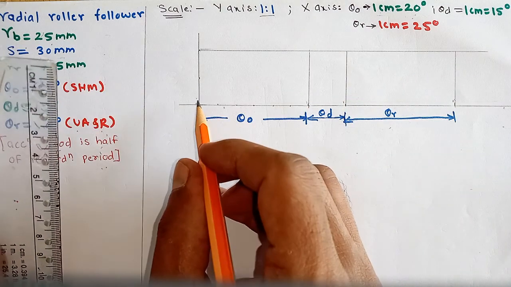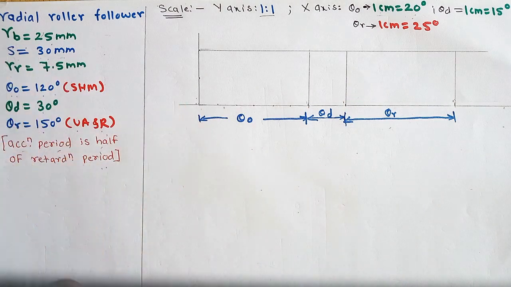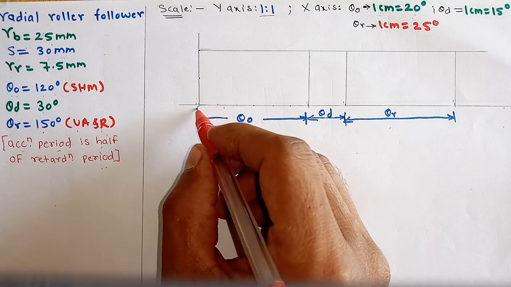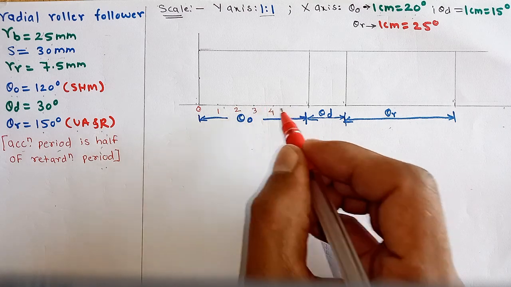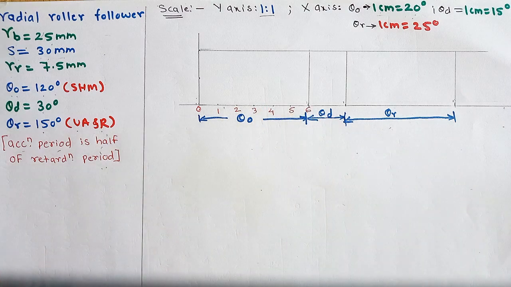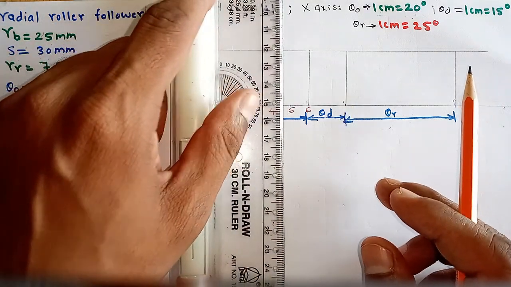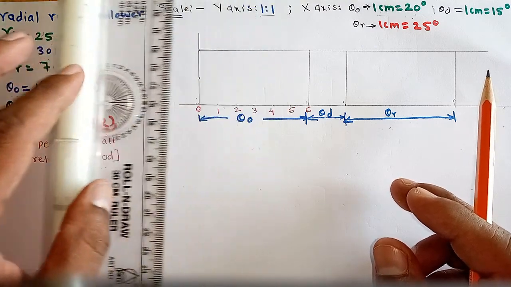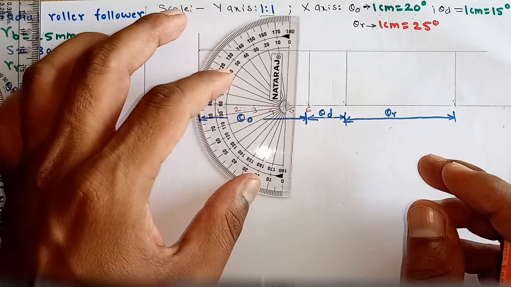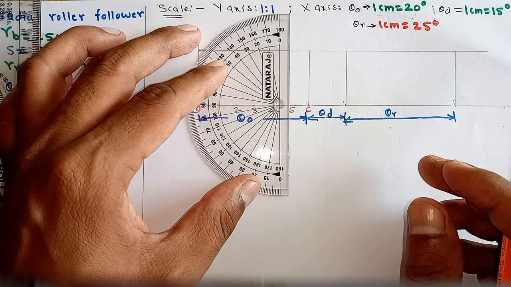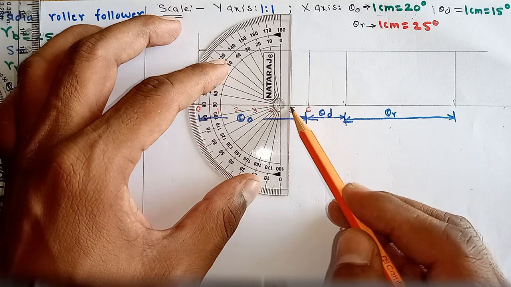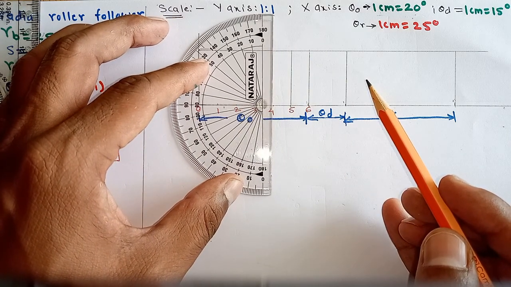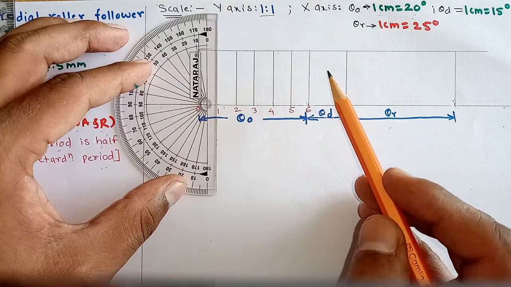I will number those divisions starting from the origin: 0, 1, 2, 3, 4, 5 and 6. I will draw the vertical lines parallel to the y-axis through these divisions. So this is division number 1.